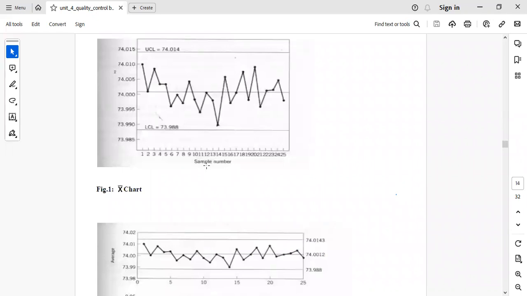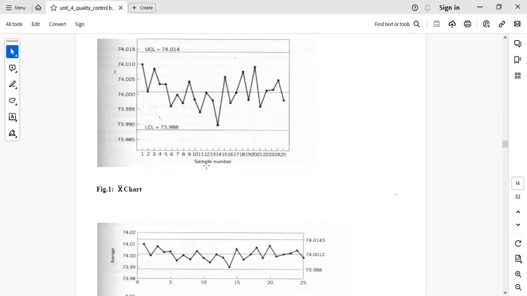So you'll be taking a sample from whatever you've produced. If it is measurements you're taking, it could be even not just weight, it could be height, it could be length, it could be the amount of ingredient, it could be all that.